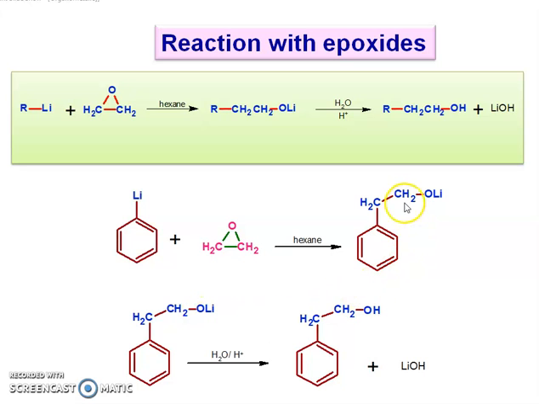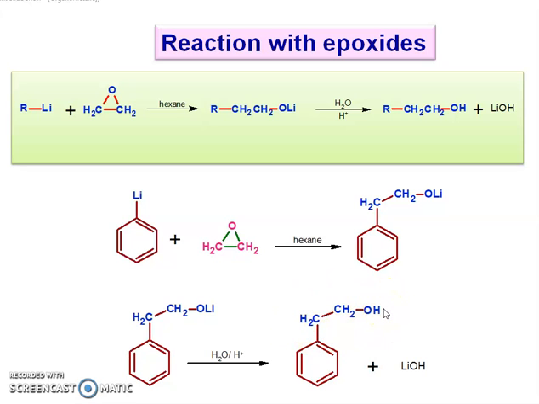And then after formation of such an intermediate, it is treated with acid hydrolysis. Then what happens? The intermediate having O minus picks up a proton from the acid and is converted into the alcohol.